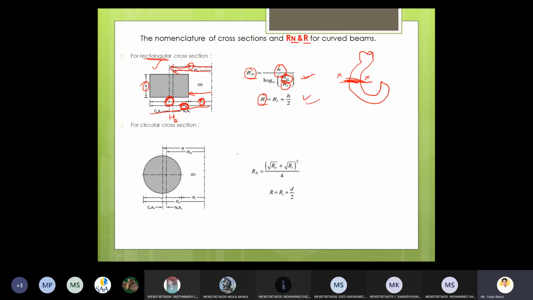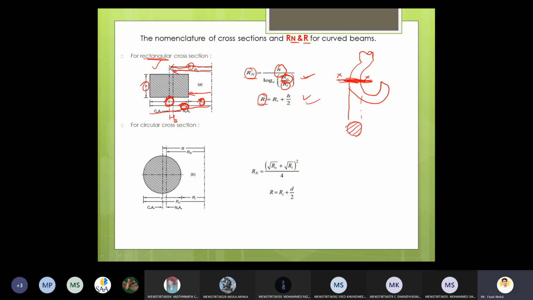And this is the circular cross section. Suppose for this figure, if I cut here at a particular XX section and draw the projections in this manner, what is the figure here? Circular cross section.